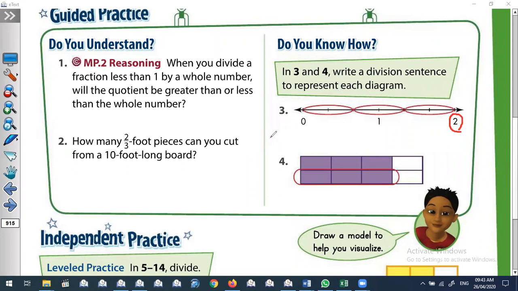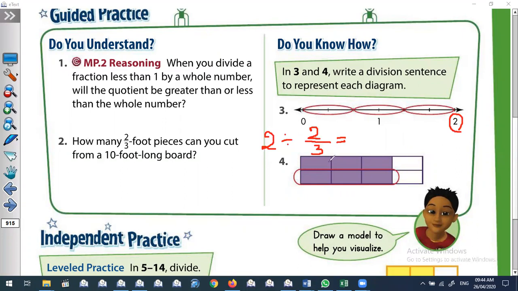So this will be 2 divided by the fraction here, which is 2 over 3. Let's count: 1, 2, 3 parts, 2 over 3. So this expression is 2 divided by 2 over 3.